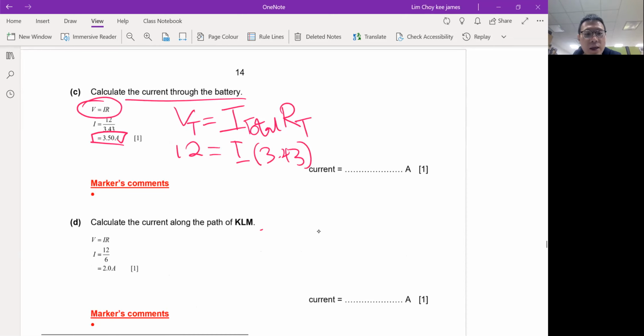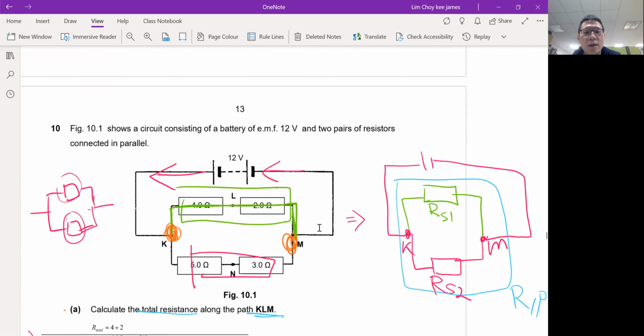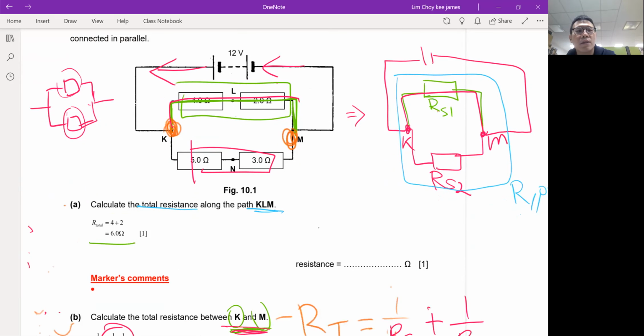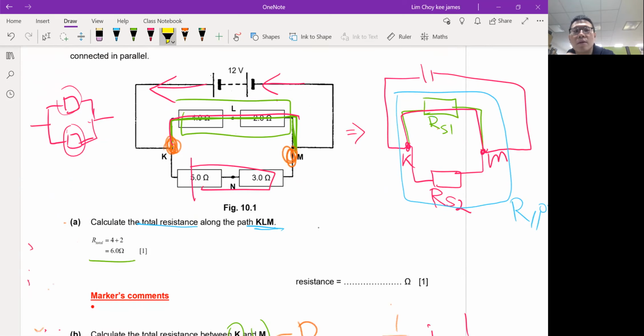Same thing for the current through KLM. Here you will know that this is a classic example of parallel. You'll find that the potential difference is the same.